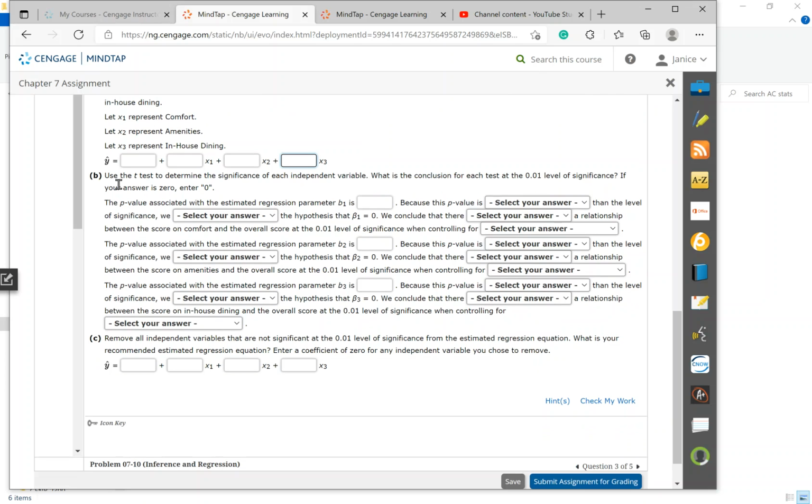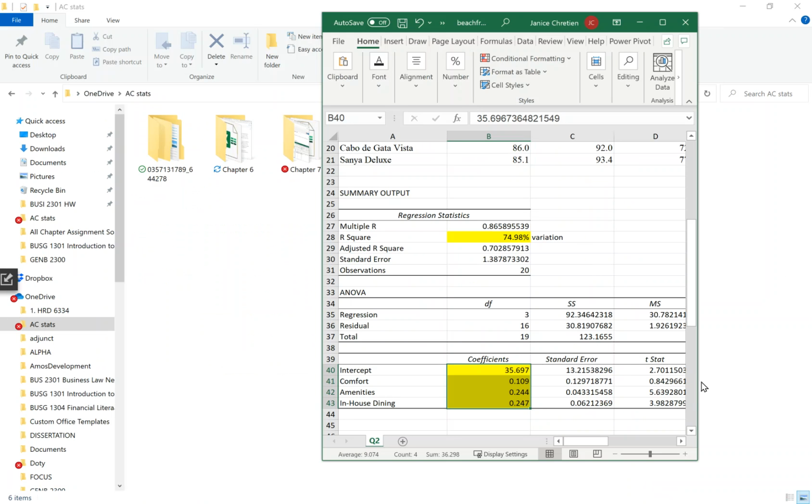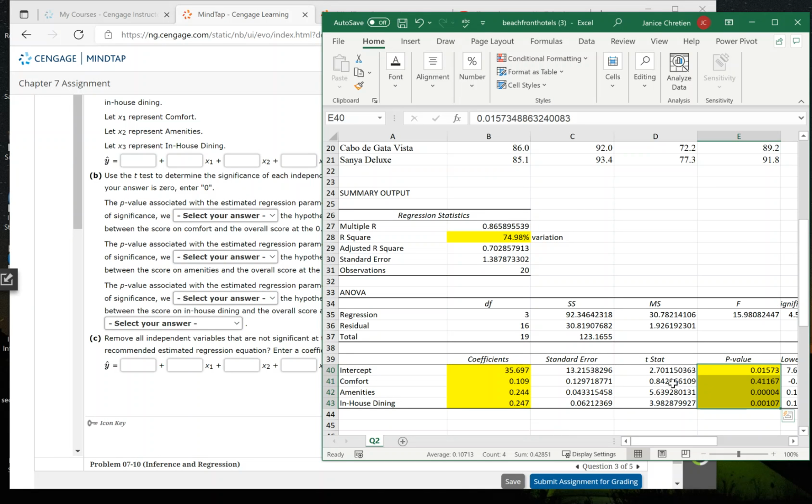Then it wants us to use a t-test to determine the significance of each of these. Okay, well, I did that. And I know I did that because there's my t, which tells me that this p-value is based on the t-stat.